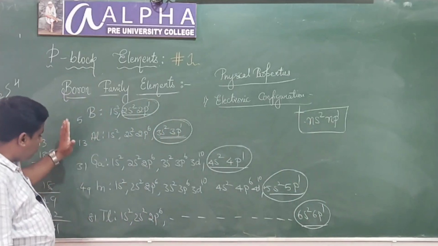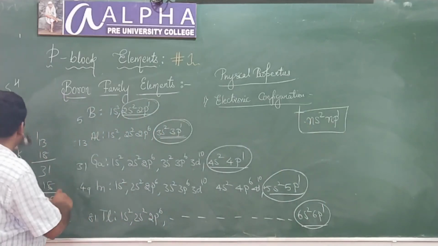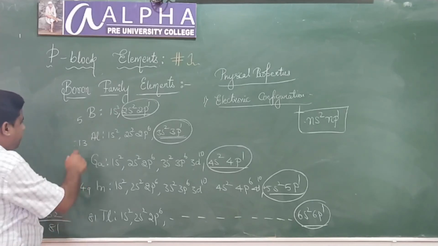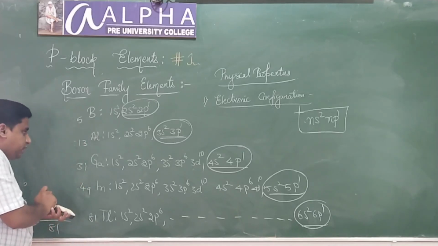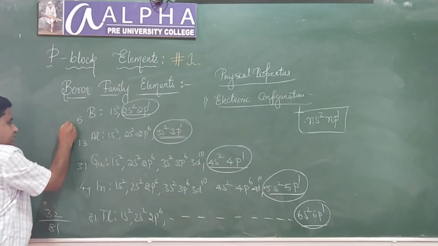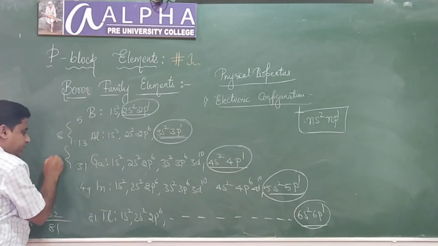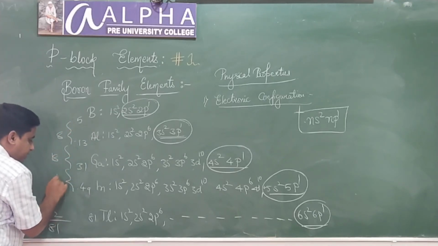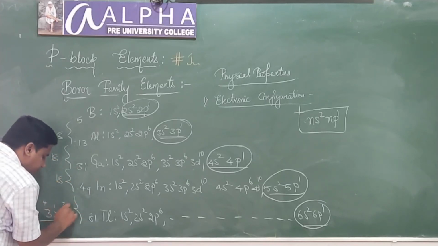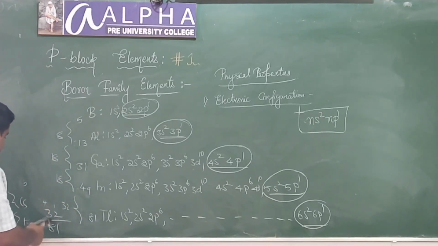Here, when we were computing with the atomic number. From here to here it is 8, from here to here it is 18, from here to here it is 18, and from here to here it is 32. Are we clear?